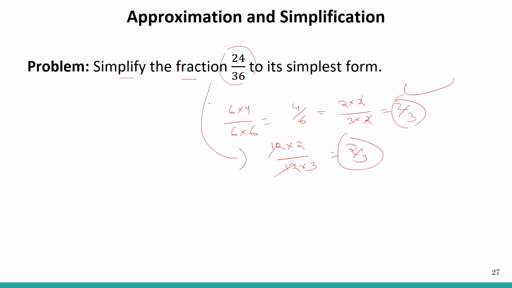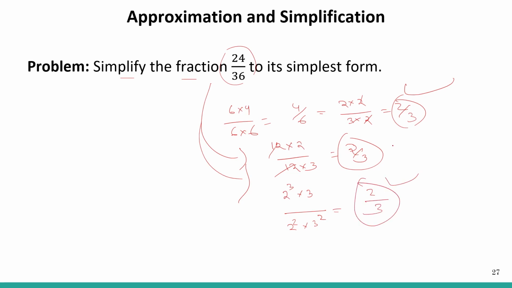Okay. We can also solve it by what method? So 24 is equal to what? 2 square into 3, actually 2 cube into 3 by 2 power 2 into 3 power 2. So cancelling the 2 and 3 in the numerator and denominator, what will be left with us is 2 by 3.